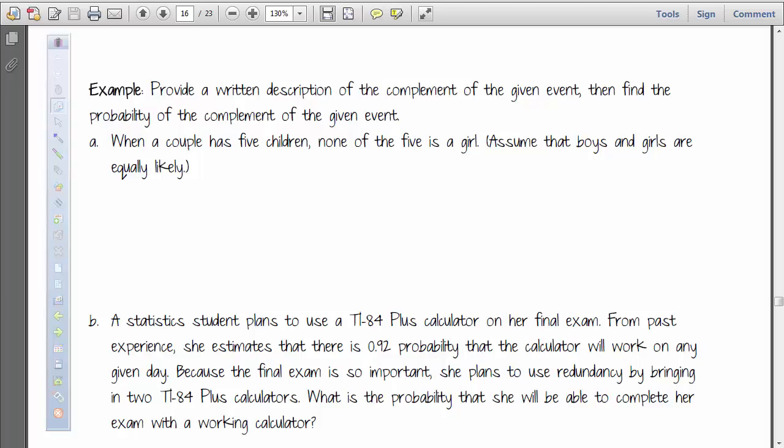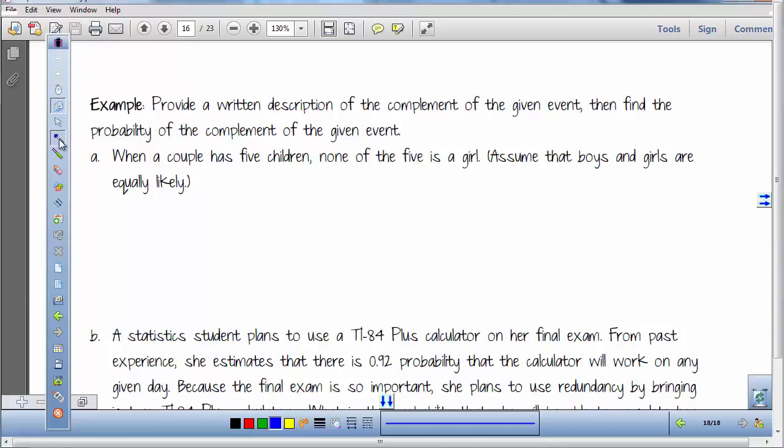Let's start with a pretty simple example, the same example that we were just talking about. Provide a written description of the complement of the given event, then find the probability of the complement of the given event. Okay, so our event here is a couple has 5 children. None of the 5 is a girl.